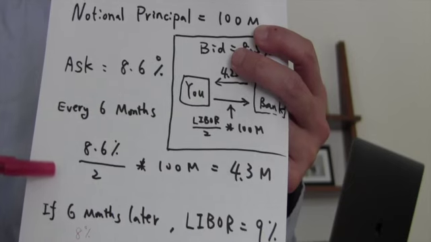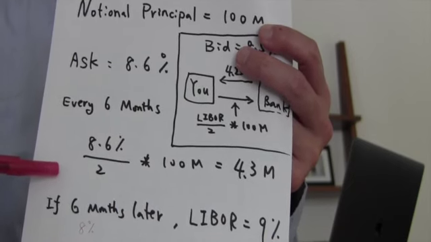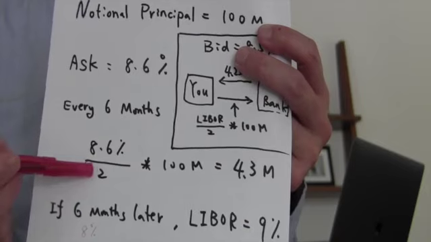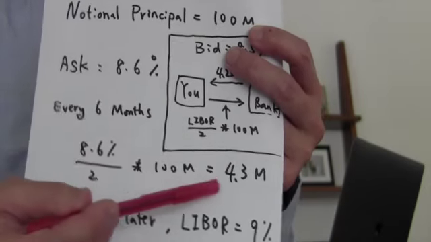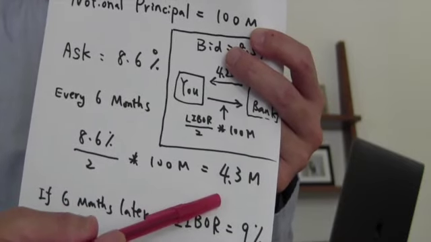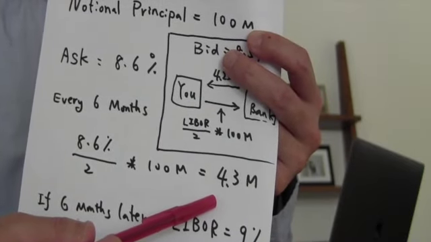So each time it is 4.3% times the principal of $100 million. As you can see, here we're talking about $4.3 million.